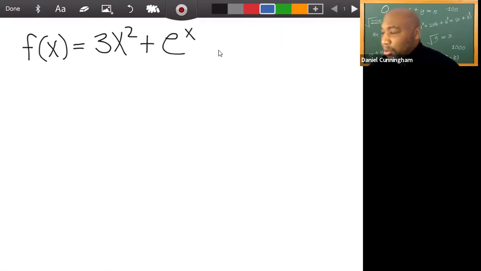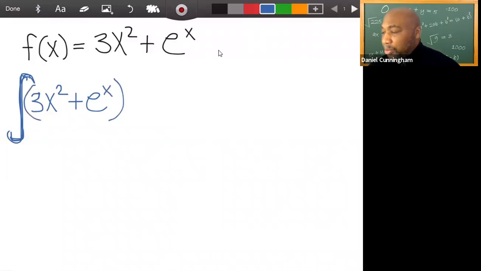So I'm going to do this in blue. So here's my integrand, and I'm going to put down f of x, which is 3x squared plus e to the x. Put that in parentheses because it's one function, and then say dx. And let's integrate that individually.